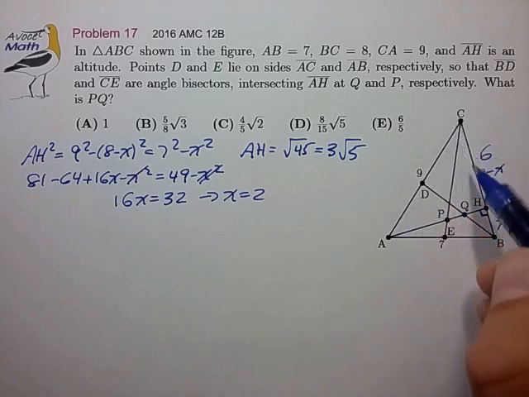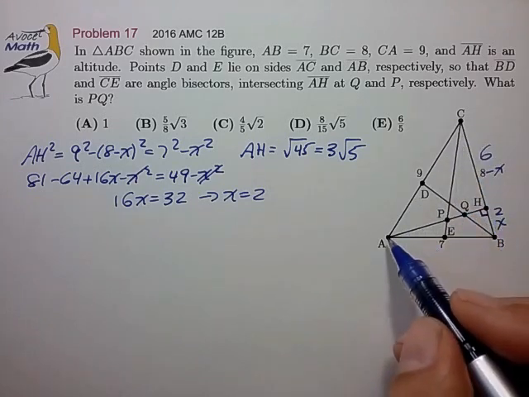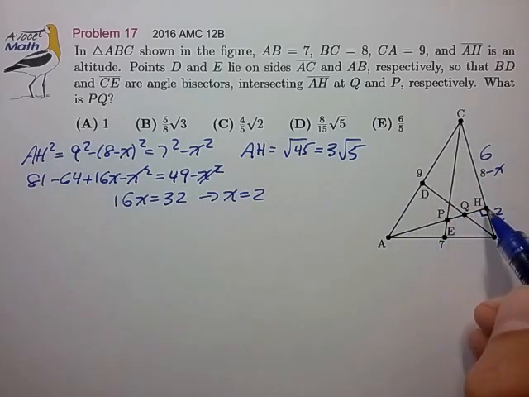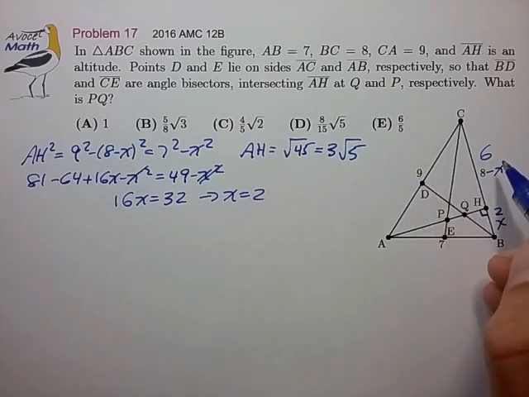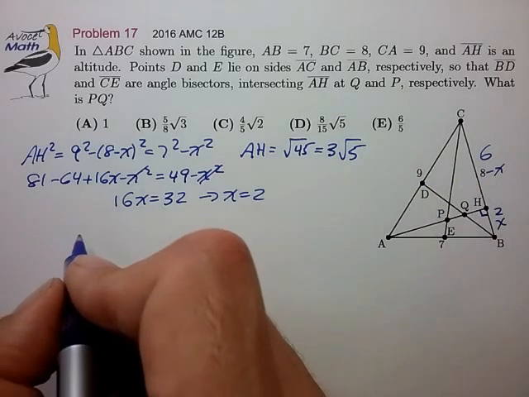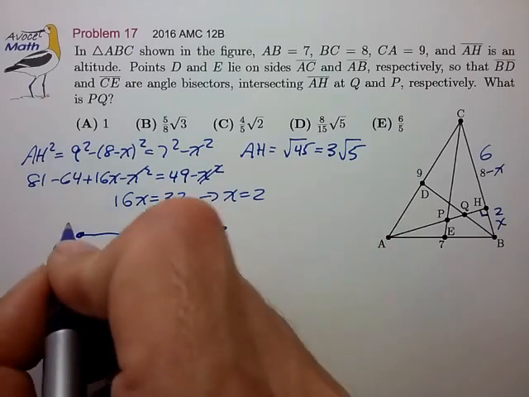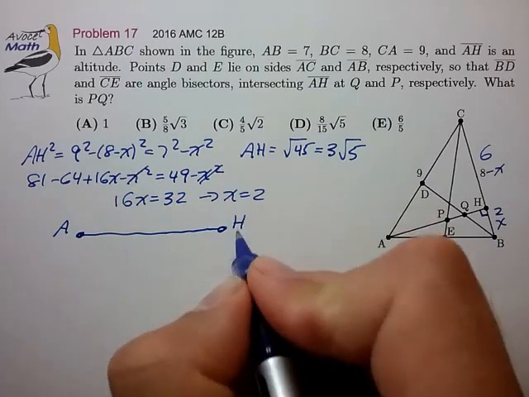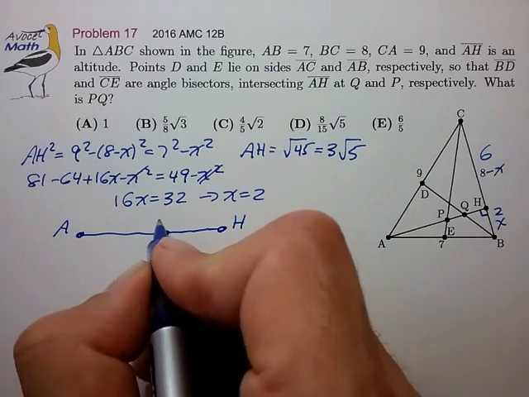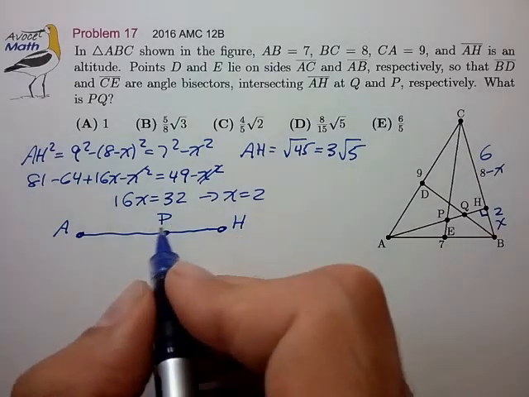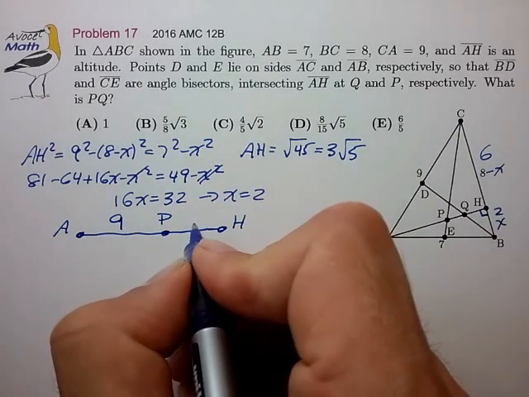So from the larger right triangle, we know that the ratio AP is to PH as 9 is to 6. So let's make a little figure to indicate that information. So AH and point P, and these line segments are in the ratio of 9 is to 6.